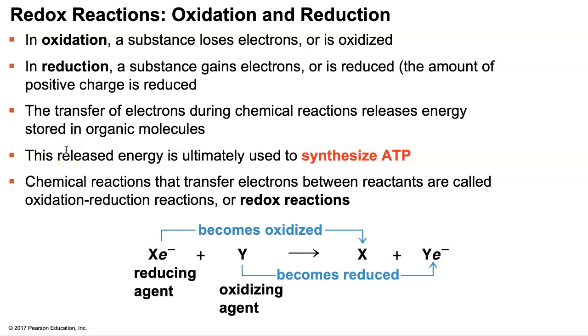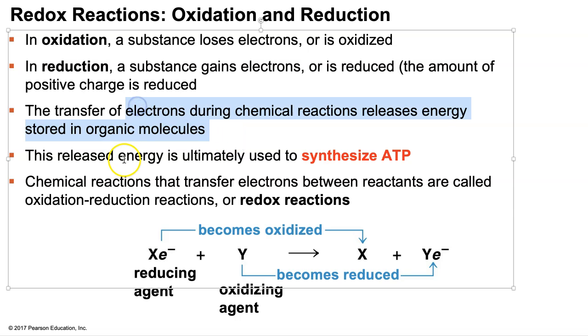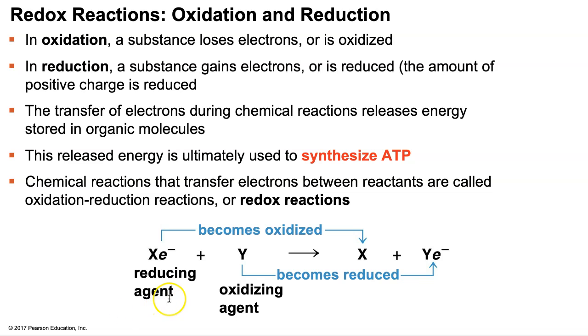So they occur simultaneously. This transfer of electrons is what happens during chemical reactions, and it is what releases the stored energy in organic molecules. So here's a very basic example. You have an X that's holding an electron and a Y. Through this reaction, the X loses an electron, so it becomes oxidized, and the Y is what's accepting or gaining this electron, so it becomes reduced.